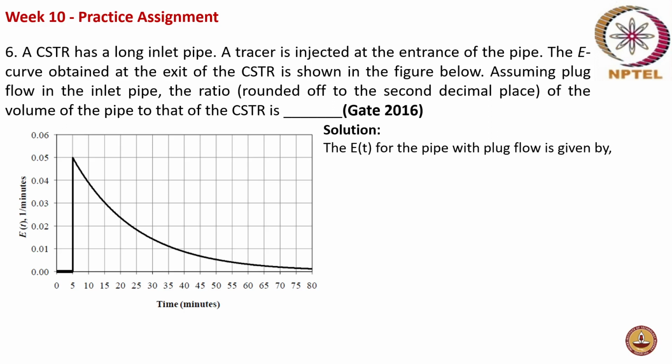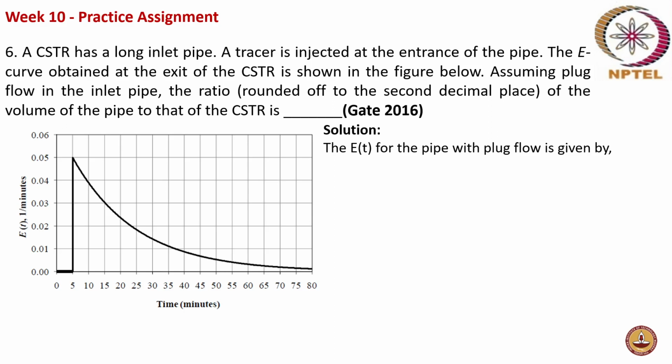So the E curve for the pipe. First we have to find out the E curve for the pipe also, because the pipe is quite long, and the fluid has to enter and exit the pipe in order to enter into the CSTR. That means the fluid will have its own residence time inside the pipe also.